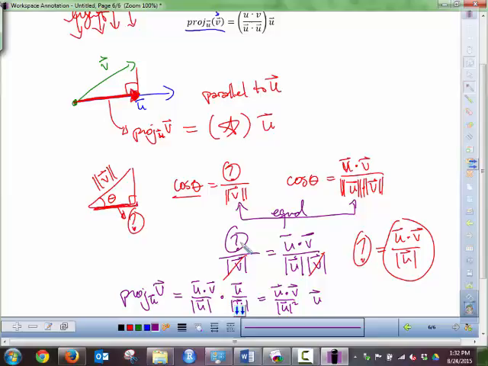So I guess if we just say that u dotted with itself is equal to that, is that true? Does u dotted with itself equal the magnitude of u squared?